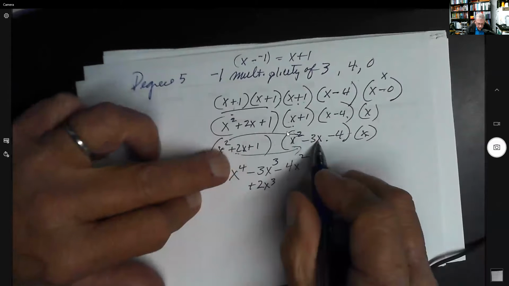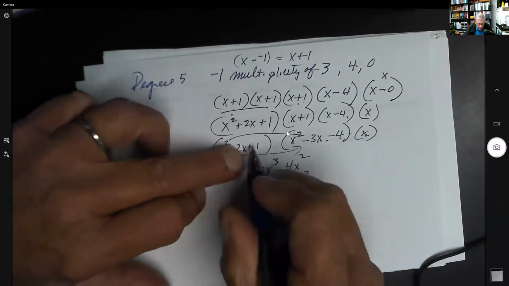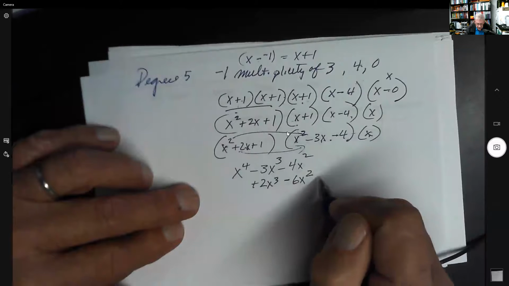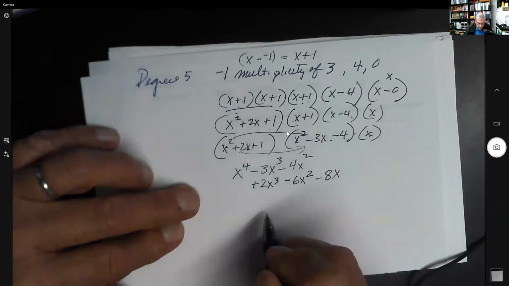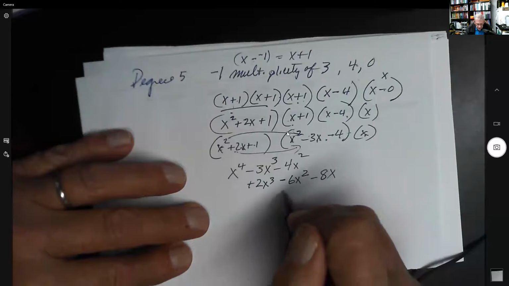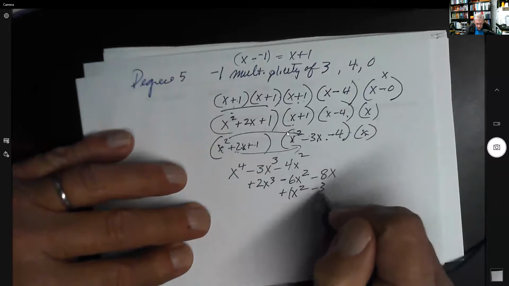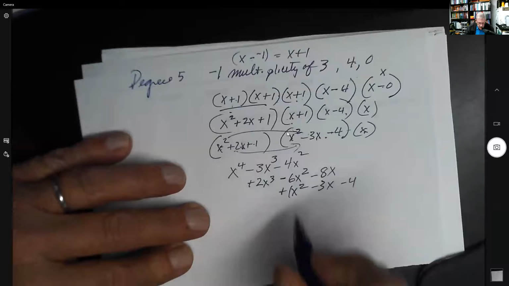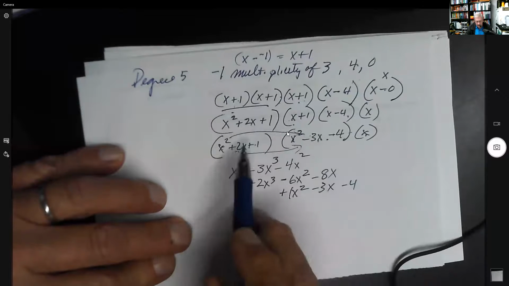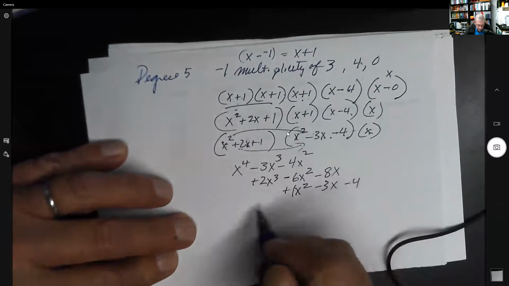And a minus 6x squared and a minus 8x. And then I'm going to distribute the 1, which is easy, huh? That'd be plus 1x squared minus 3x minus 4.